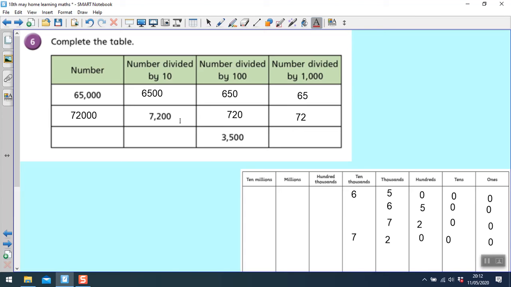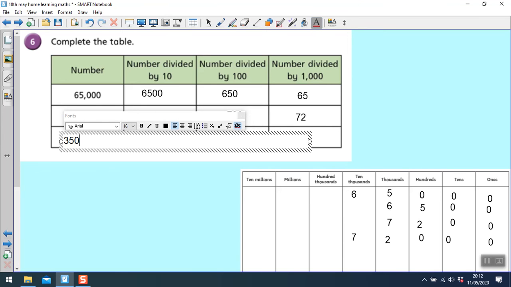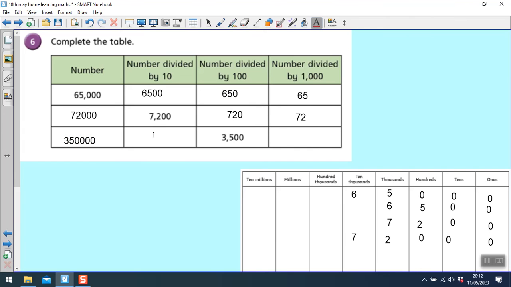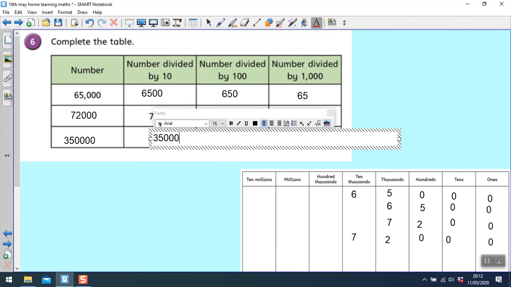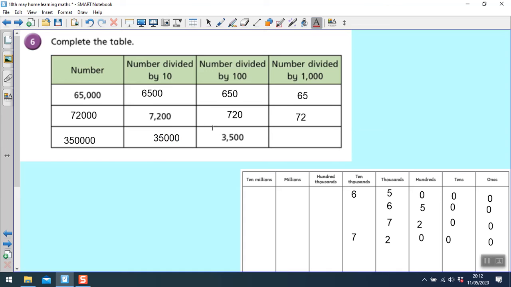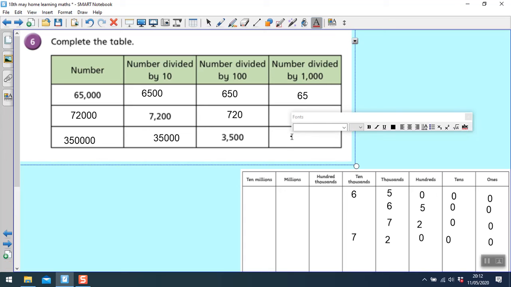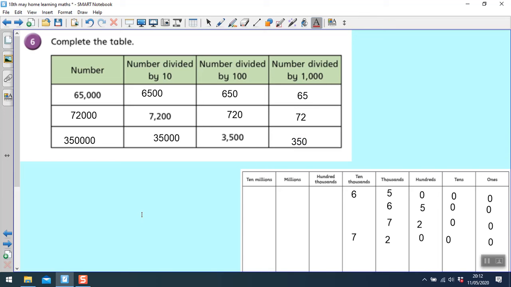So this times by 100, so 3,000s jumped 2 places to the left, is 350,000. Divided by 10 is 35,000. Divided by 100 is 3,500. Divided by 1,000, so divide this by 10 more, is 350. Well done if you got that right.